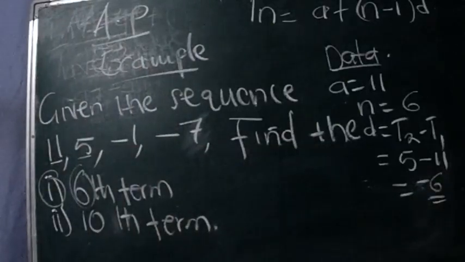Now that we have all the details that we need, we go straight to finding our 6th term and 10th term. With all that said, let's go straight into finding our answers. Question 1, we have to find the 6th term.